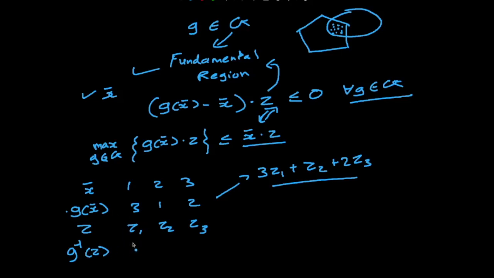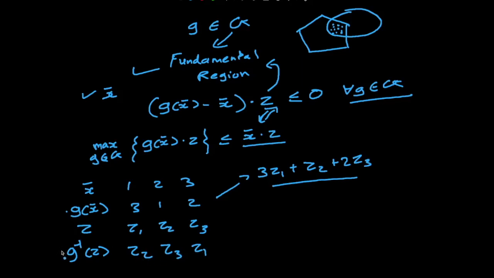Here the element 1 went from position 1 to 2, so position 2 has to go from 2 to 1. So the first element will be z2. Element 2 went from 2 to 3, so 3 has to go from 3 to 2, so the second element will be z3, and the last element will be z1. So this is z2, z3, z1.